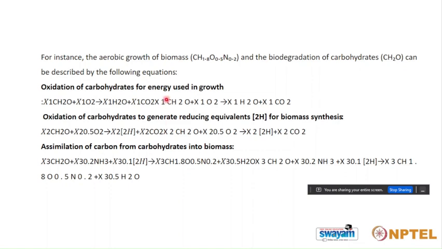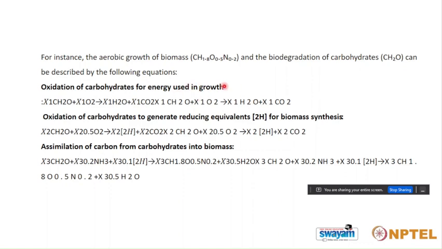So here, if we take the aerobic growth of a biomass which utilizes carbohydrate as substrate, this carbohydrate can be utilized for different applications. The first can be utilized for growth.